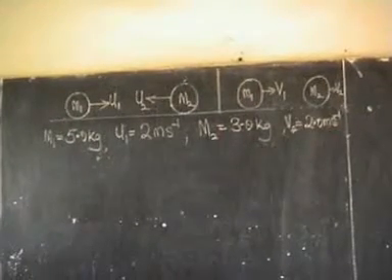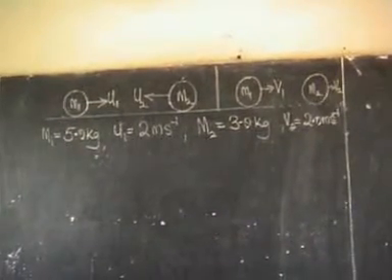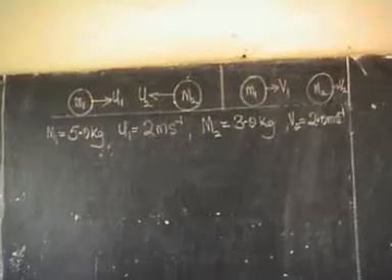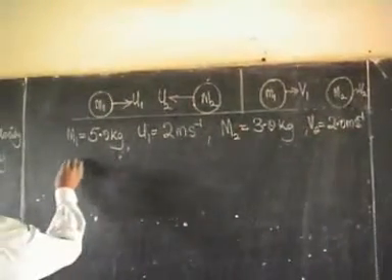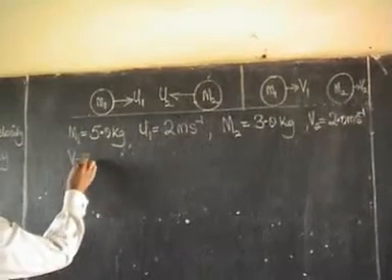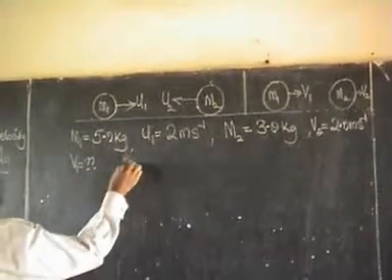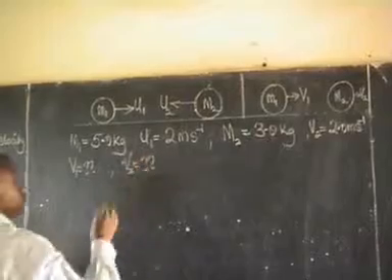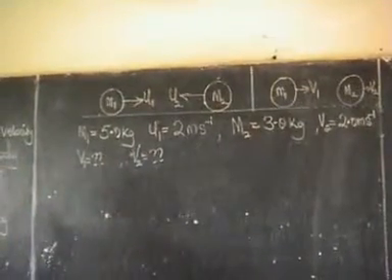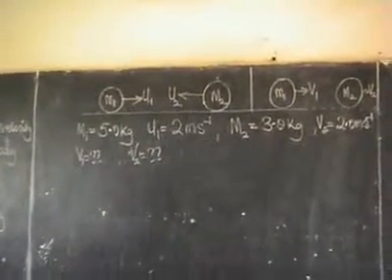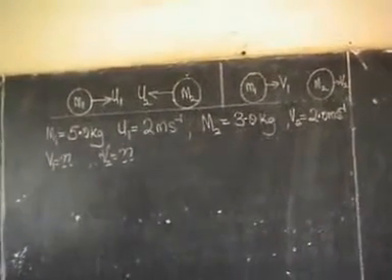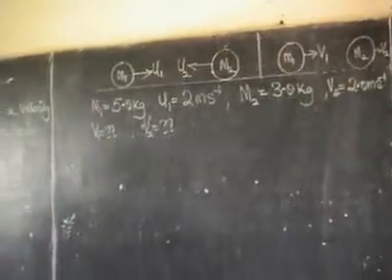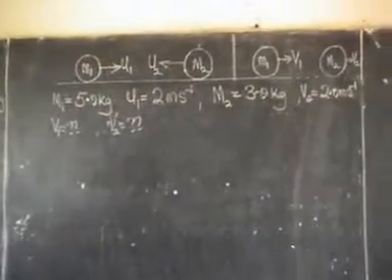So if the collision is perfectly elastic, determine the velocities of the two bodies after collision. So the question requires us to find v1 and also to find v2, meaning that we have to solve two simultaneous equations. So we shall begin with the principle of conservation of linear momentum.